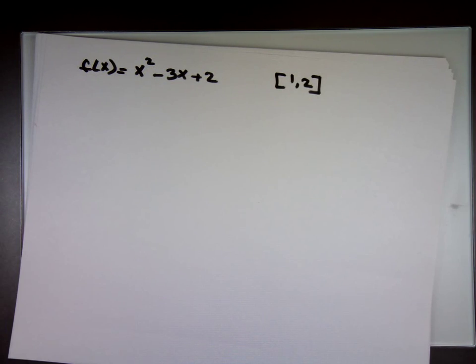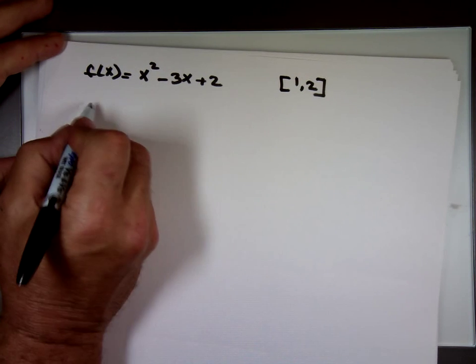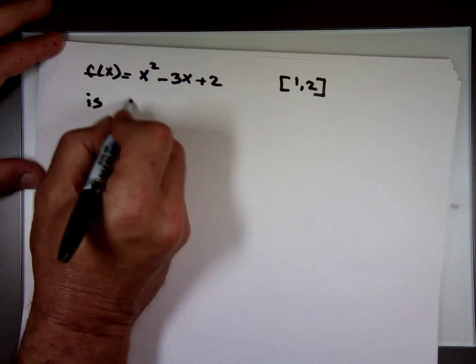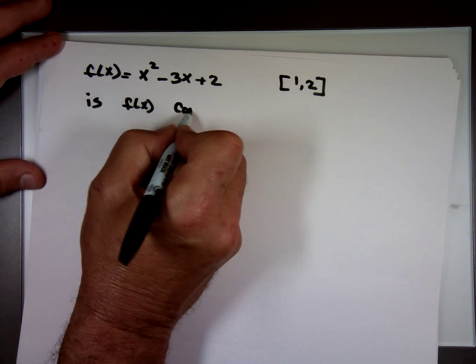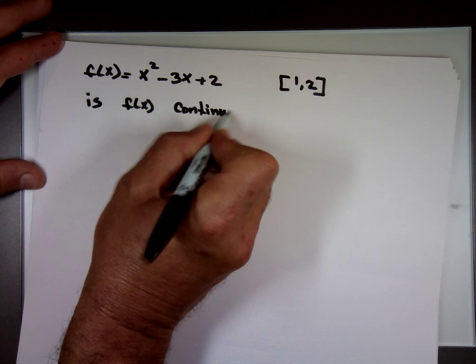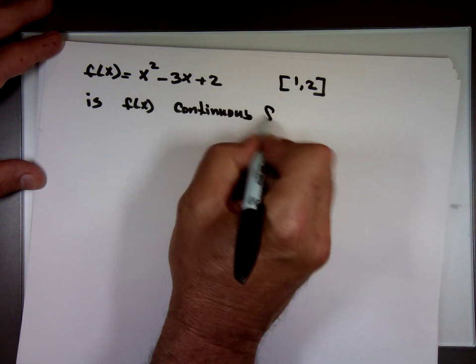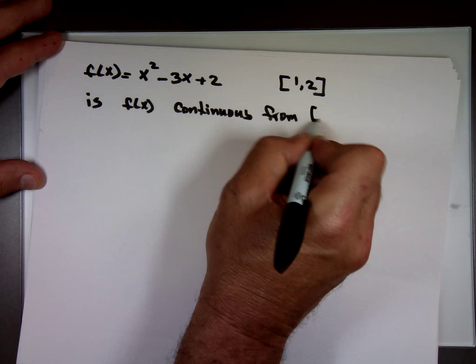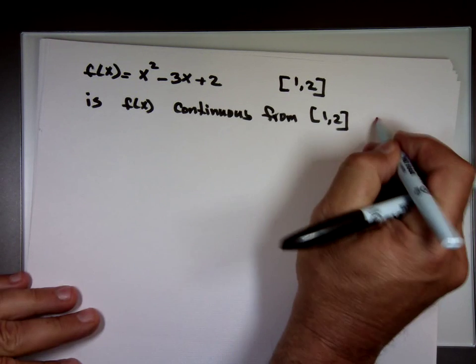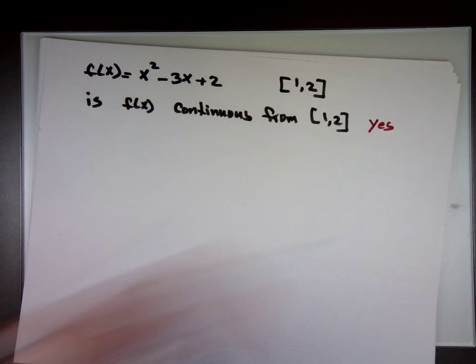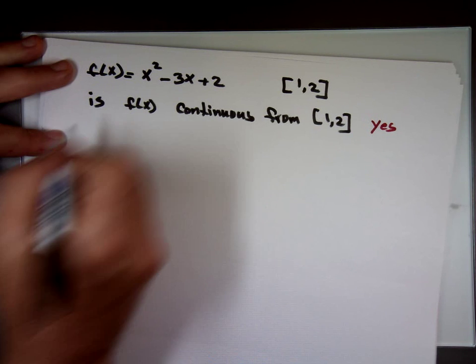Use Rolle's theorem here. Well, to use Rolle's theorem, this has to be continuous. Is f of x continuous? Is it? From 1 to 2? Sure. Yes. There's no fraction to make it with holes in it. Yes, it's continuous. Second one, how about the derivative?